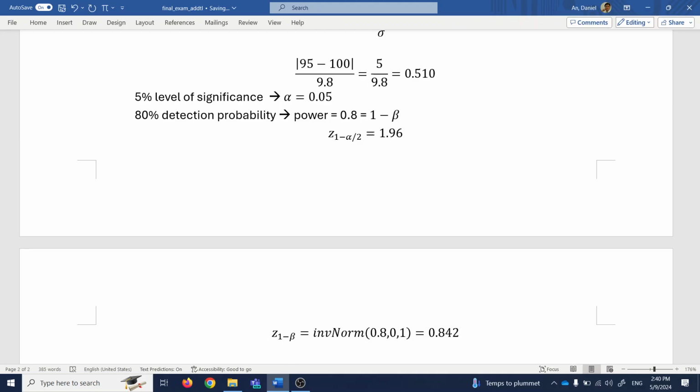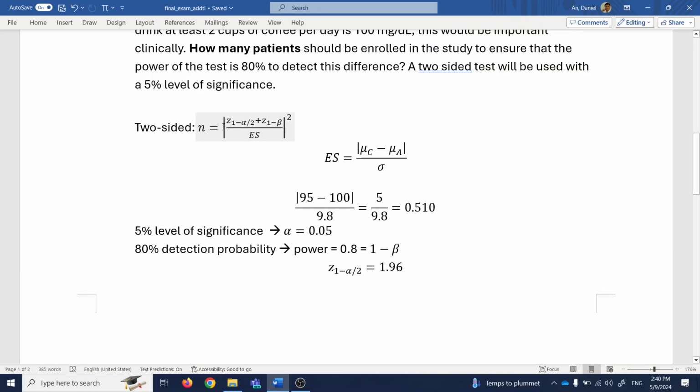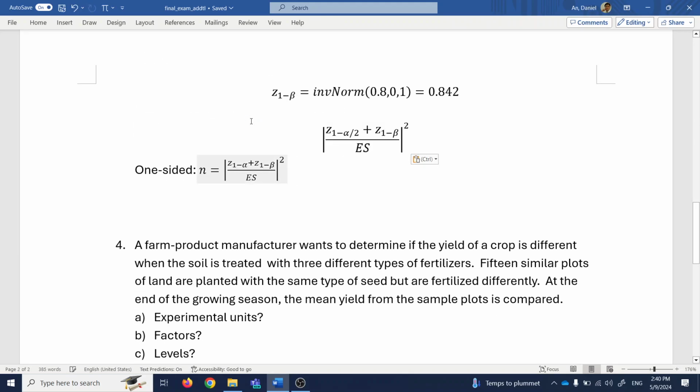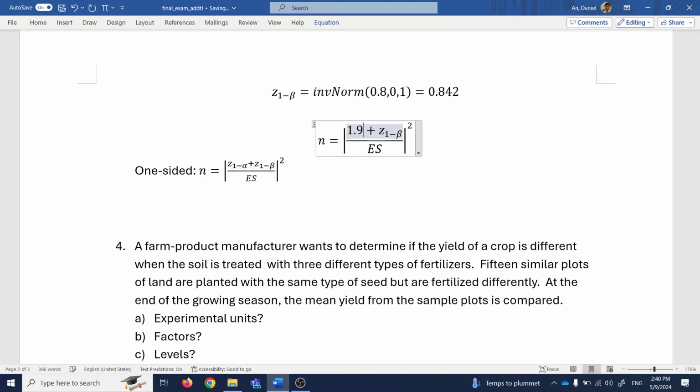So now we just plug everything into this formula and we're done. So we have n equals this one, which is 1.96, this other one is 0.842, and ES is 0.510. What did you get?